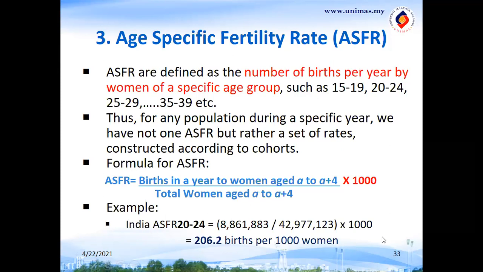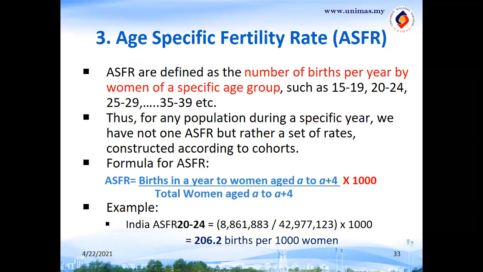For example, in India, I forgot what year this was, but this is some figure that I plucked out. The age-specific fertility rate for those aged between 20 to 24 is 206.2 births per 1,000 women in that particular age group.